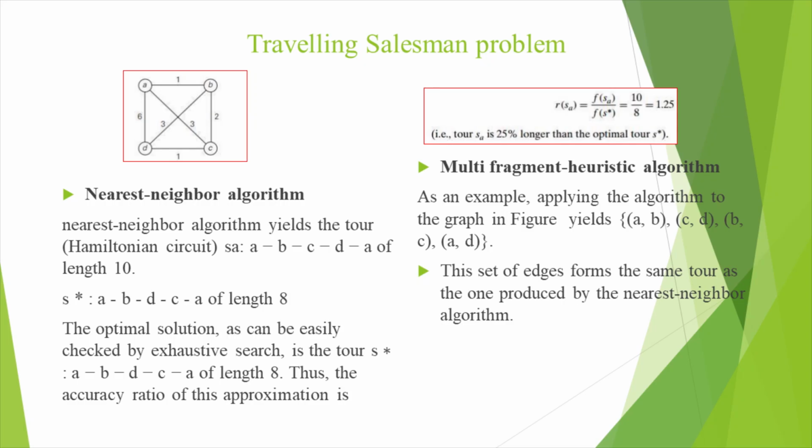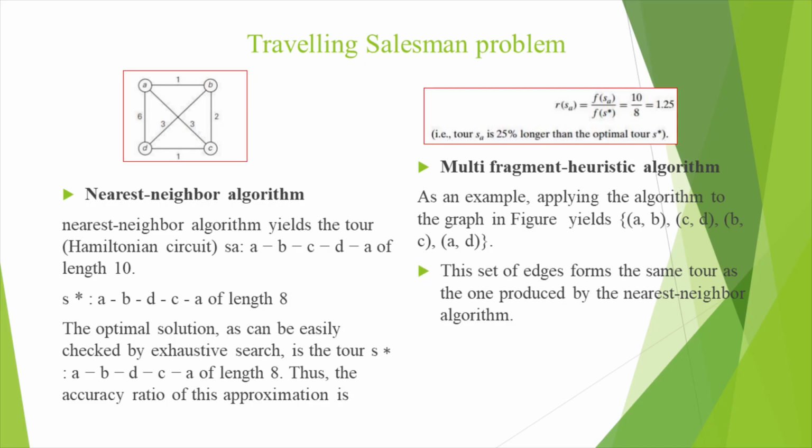Add A to B, next add C to D and add B to C. Now A to B to C is connected and add A to D to complete the cycle. Now the path will be A to B, B to C, C to D and D to A. The total cost is 10.